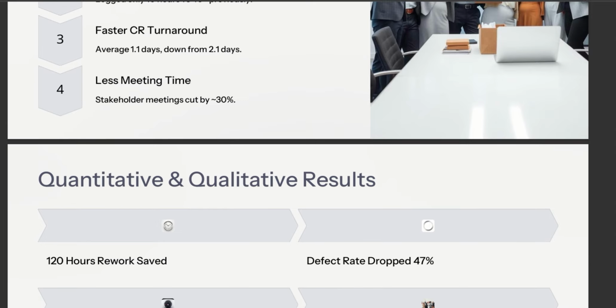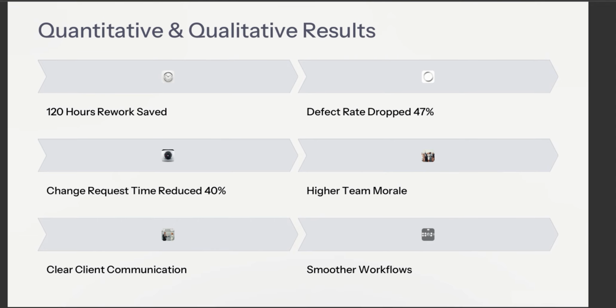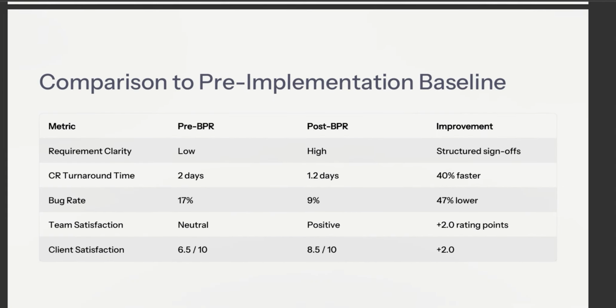This is a chart that shows the quantitative and qualitative results that we got by applying those solutions. If we compare our metrics from pre-BPR and post-BPR, you can see there were significant changes that we observed.